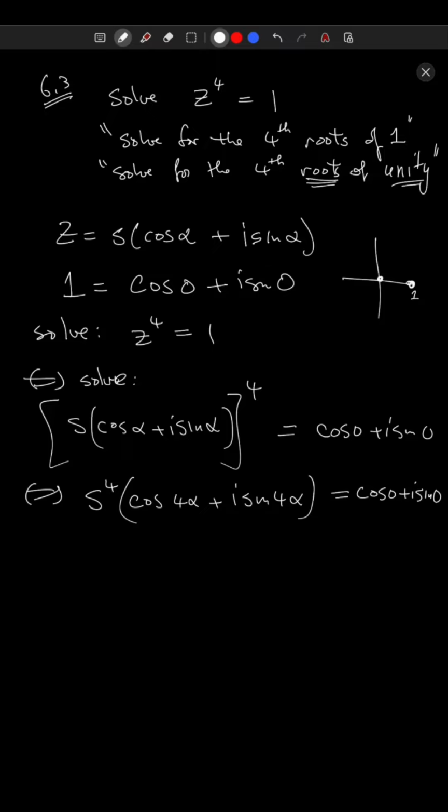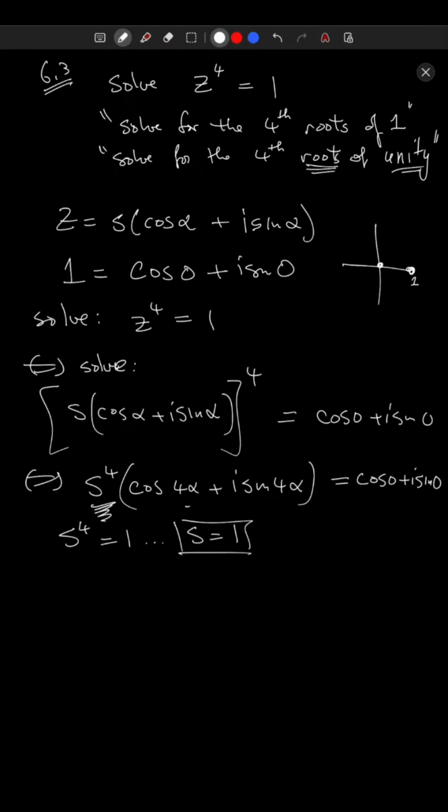Okay, now, immediately, s to the 4th, the coefficient in front of this cos 0 plus I sine 0, is 1. So immediately s to the 4th is equal to 1, which means s is equal to 1. There's actually another solution, s equals minus 1 as well. But actually, no, we don't want s equals negative 1 anyway, sorry about that, because we want s to be a positive number, because s is supposed to represent the distance to the origin.